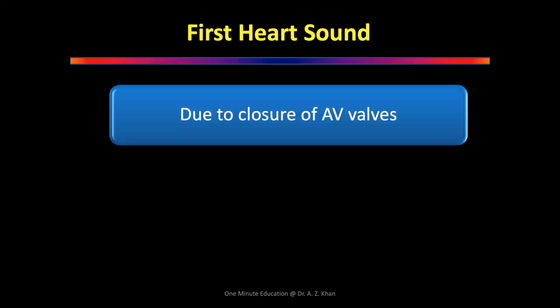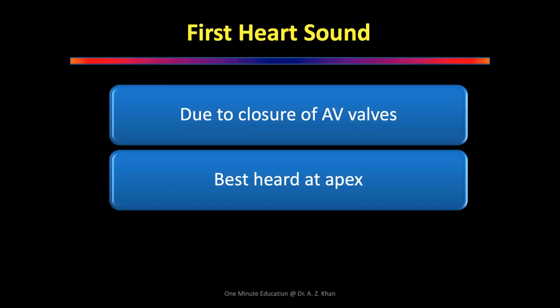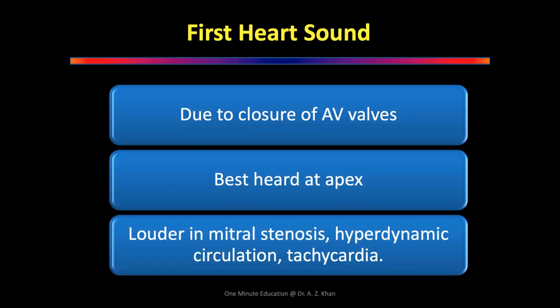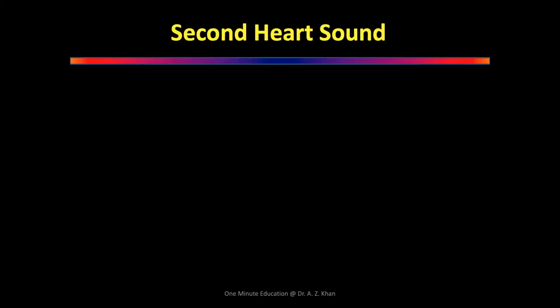Yes, sir. It happens because of the closure of the atrioventricular valves, okay? Bicuspid, mitral and tricuspid. It is best heard at the apex, and it's louder in mitral stenosis, in hyperdynamic circulation and tachycardia, okay? The second heart sound, why does that happen?